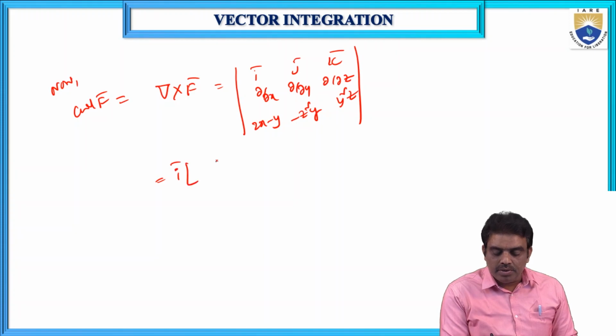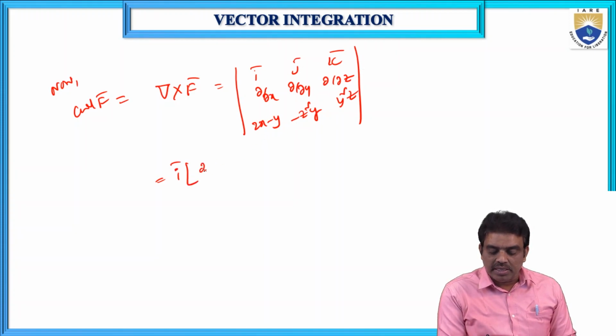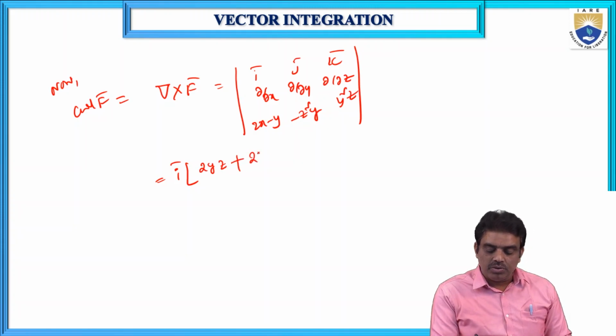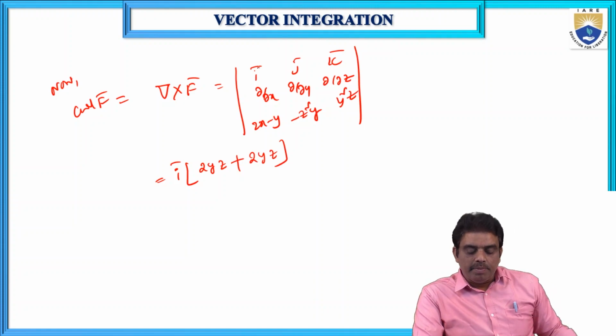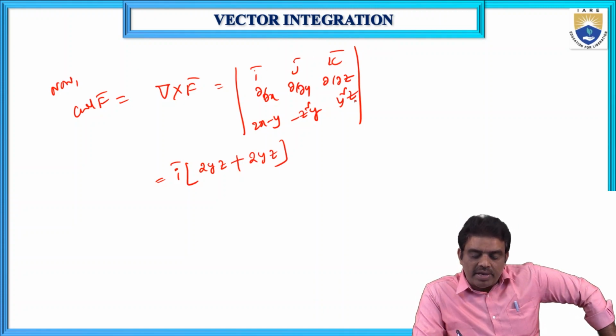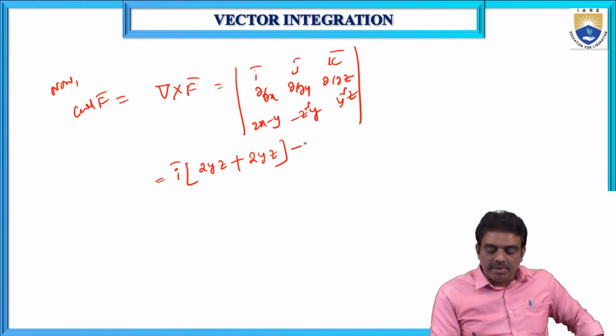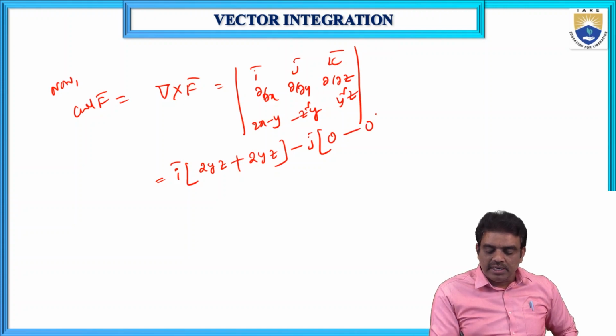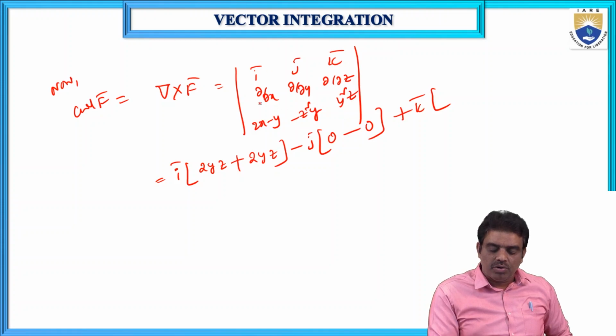And the last term is y square z. So I bar into dou by dou y of this one, that is 2yz, minus of minus dou by dou z of this one. This is also 2yz. I bar into dou by dou y of y square z, that is 2yz, dou by dou z of this one, minus of minus plus dou by dou z, that is 2zy. Similarly, minus j bar into dou by dou x of this one 0, dou by dou z of this one, that is also 0, plus k bar into, on discarding this column and this row, dou by dou x of this one 0, dou by dou y of this one minus of minus 1.